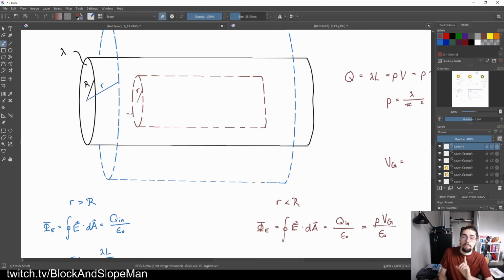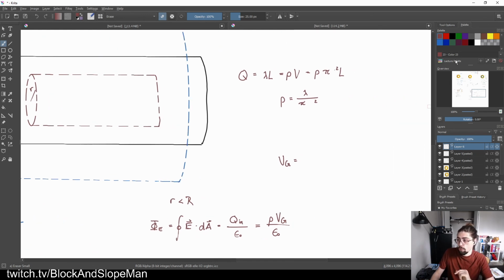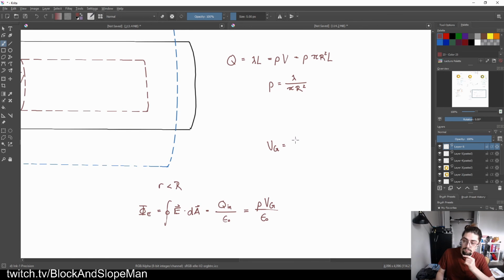Little r is something for my Gaussian surface. It's not a real object thing. So when I'm talking about rho, I need to be using capital R. So when we talk about the volume of the Gaussian surface instead, that is when we can use lowercase r.